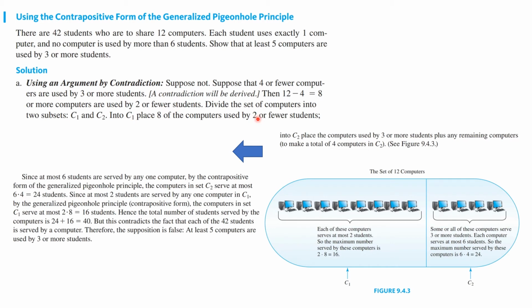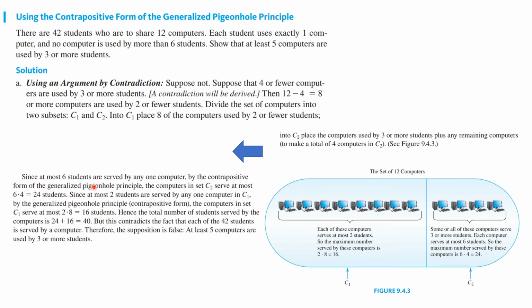Divide the set of computers into 2 subsets, C1 and C2. Into C1, place 8 of the computers used by 2 or fewer students. And into C2, place the computers used by 3 or more students, plus any remaining computers, to make a total of 4 computers in C2.